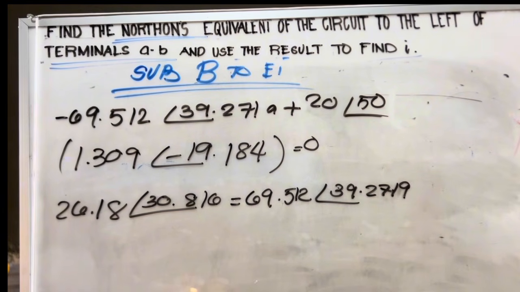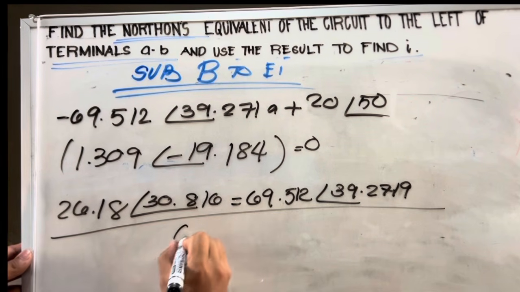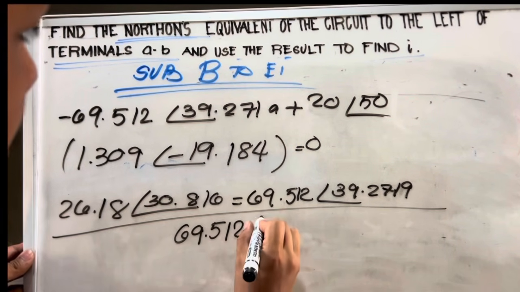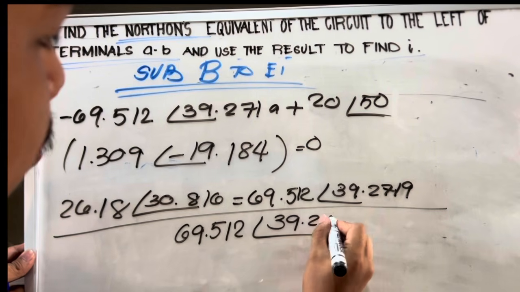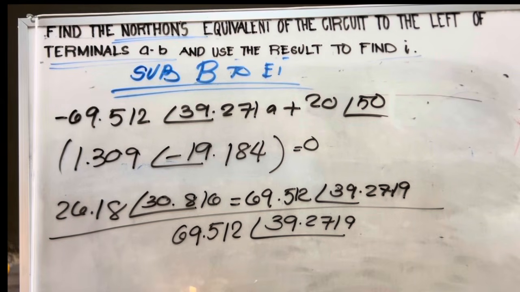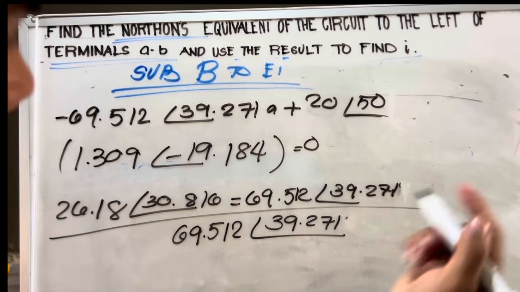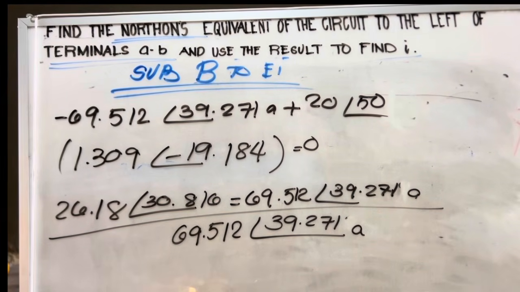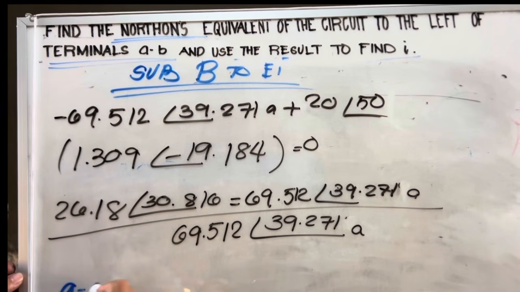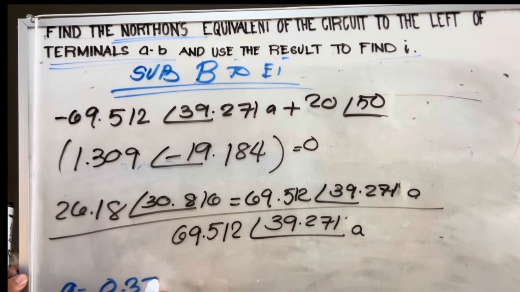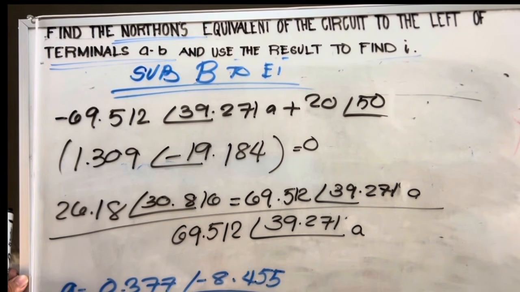We will now divide both sides by 69.512 angle of 39.2719. I'm so sorry, this is A. Therefore, our A is equal to 0.377 angle of negative 8.455. This is our new A.